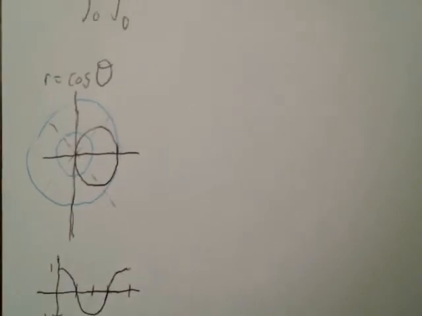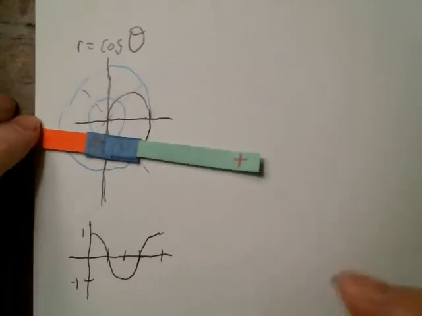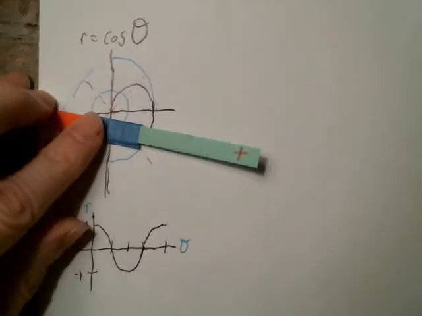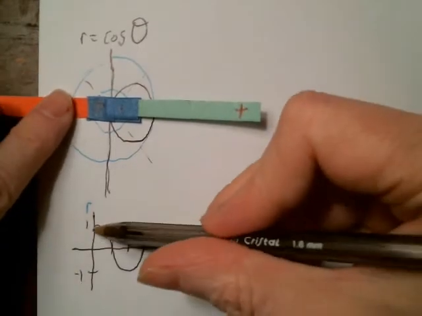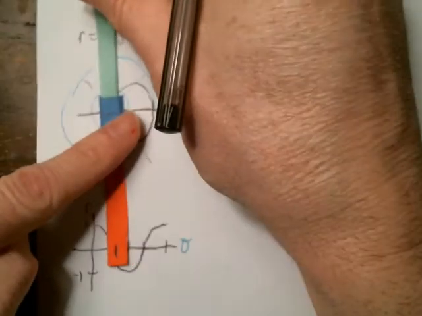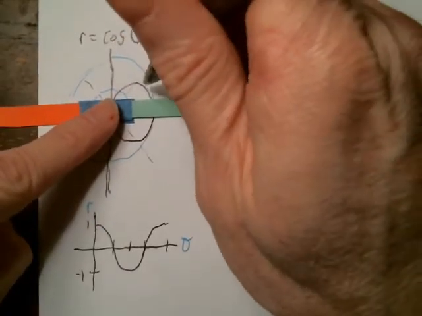Right. So in order to draw that thing, given this thing, which is in the theta r plane, you're starting out at 1 when theta is 0. So this is theta 0. This would be theta pi over 2. So when theta is 0, you're out here at 1.